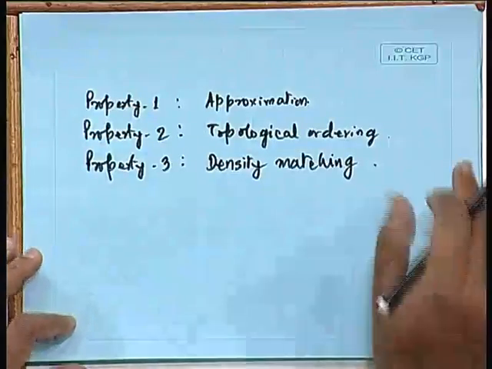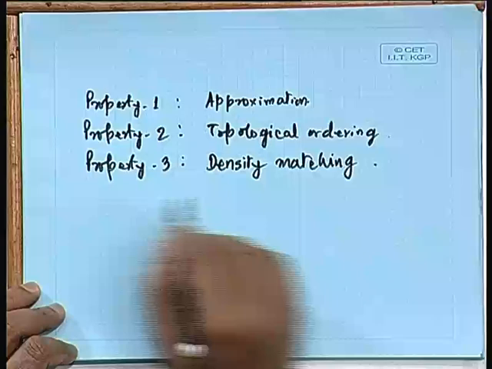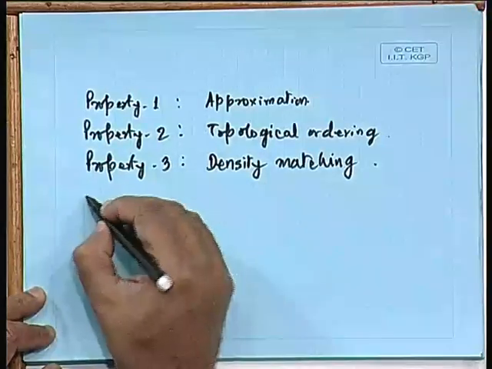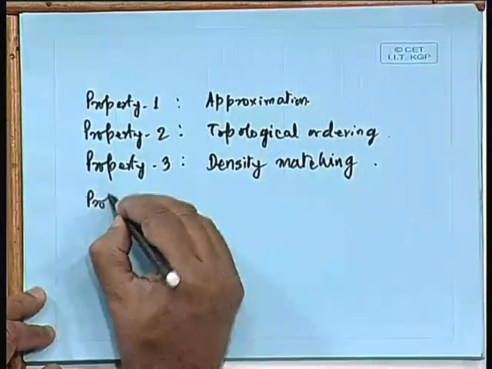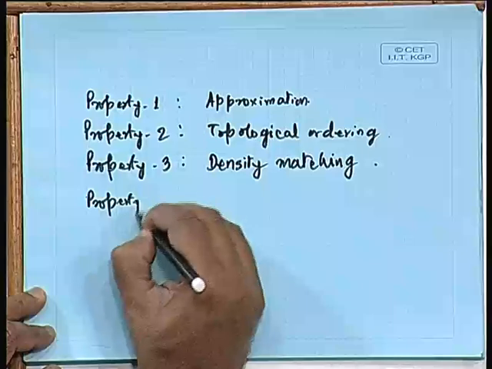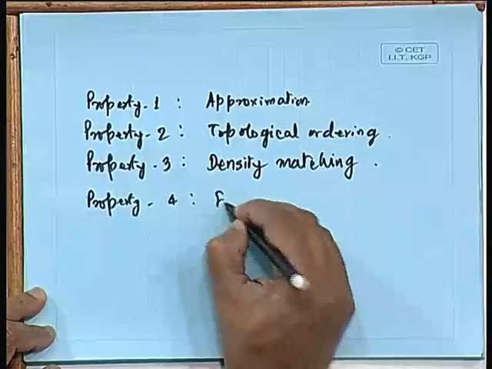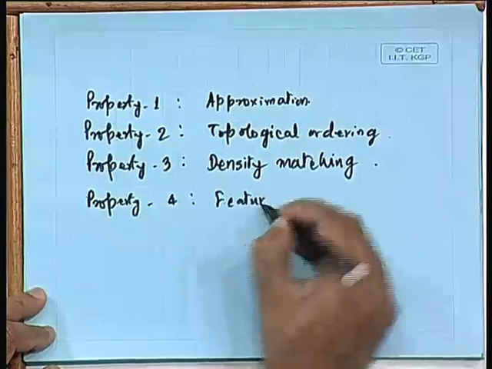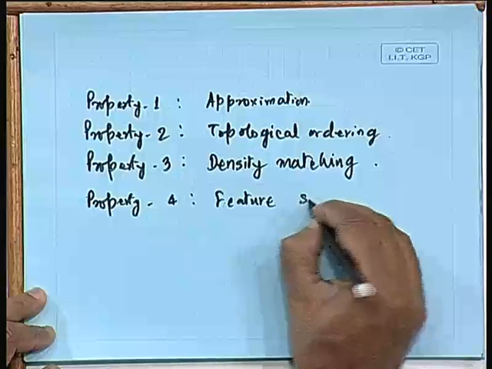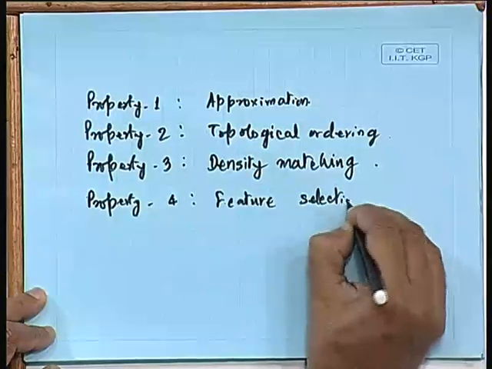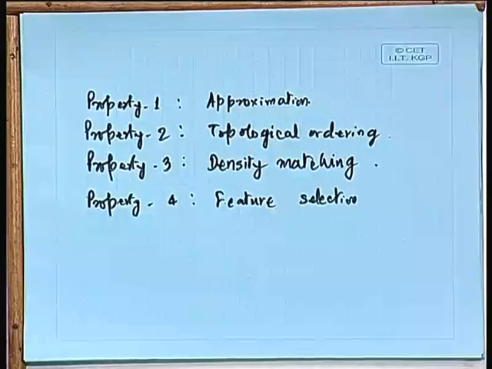If you have understood that, you have understood the self organizing map properly. So, that is the density matching part of it, and then the last property is feature selection. That basically is also something not very new. Now, we have an input space with nonlinear distribution, is it not?